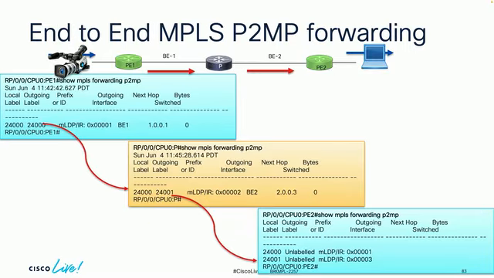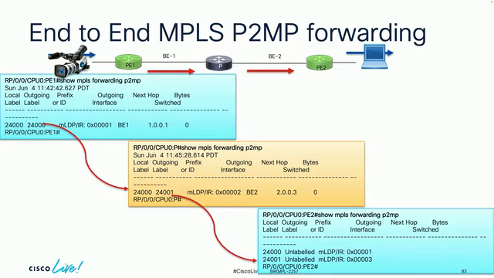From the last step, once multicast has created its state, I would have created my point-to-multipoint forwarding table, where I am going to receive IP multicast traffic, encapsulate it, and send it as label traffic, and this label traffic will go hop by hop all the way to your last hop router. Once it reaches the last hop router, we will remove the label and forward it to the local interface.